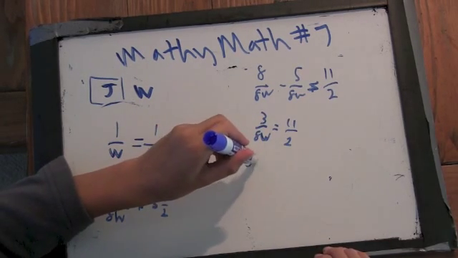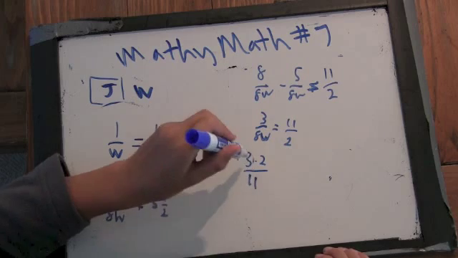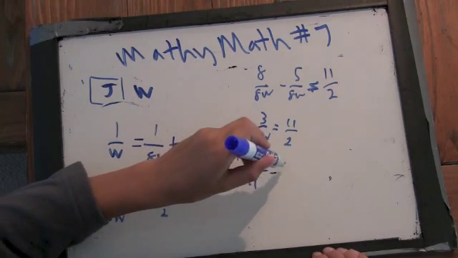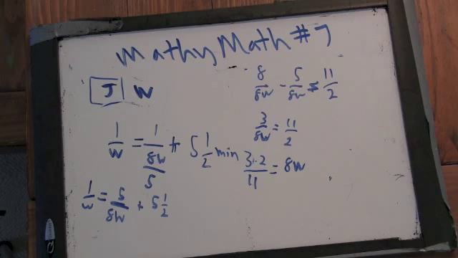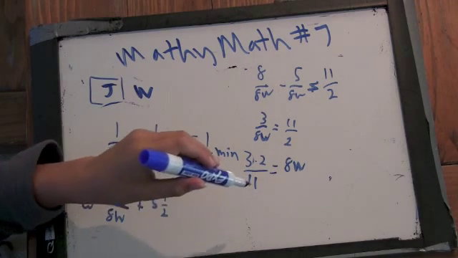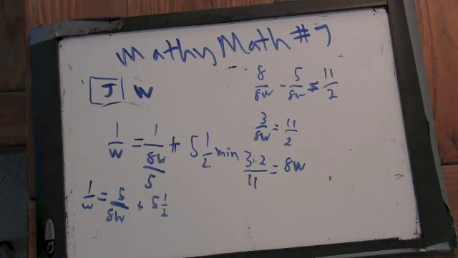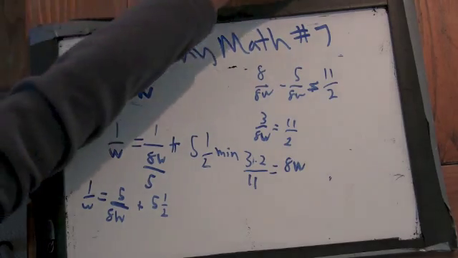So 3 times 2 over 11 equals 8W. Okay, why are you solving for 8W? Well, I can divide by 8 and solve for W. So you're going to multiply by 8 and then divide by 8? Well, suppose I could just multiply by W. Okay, there you go.